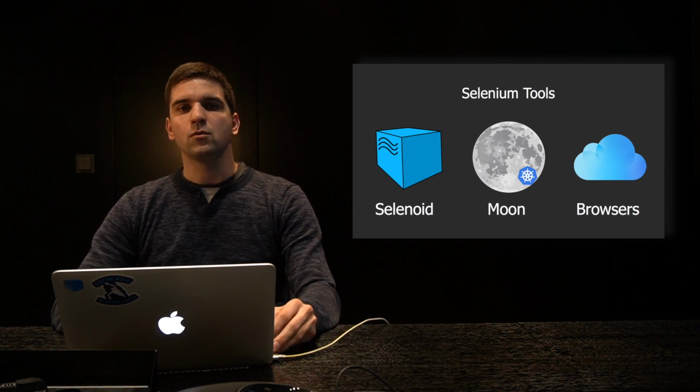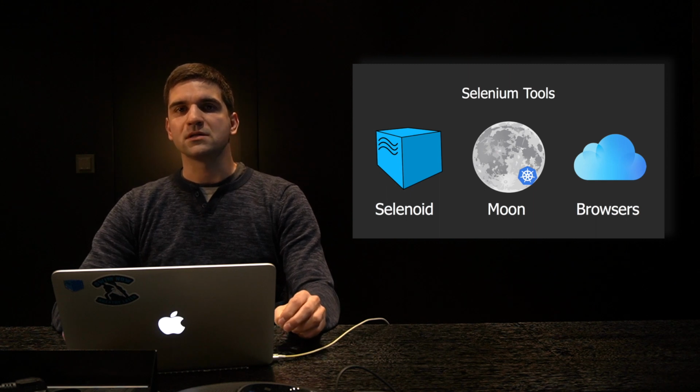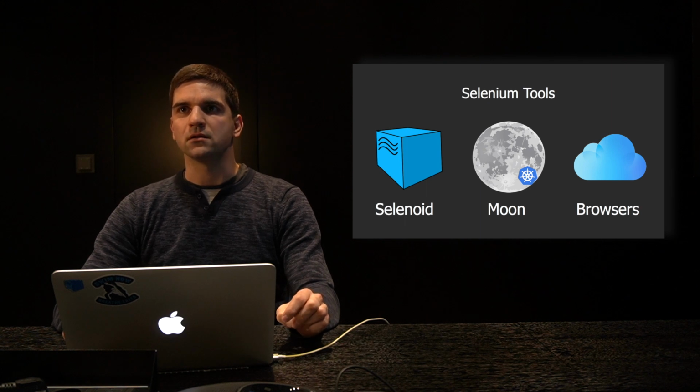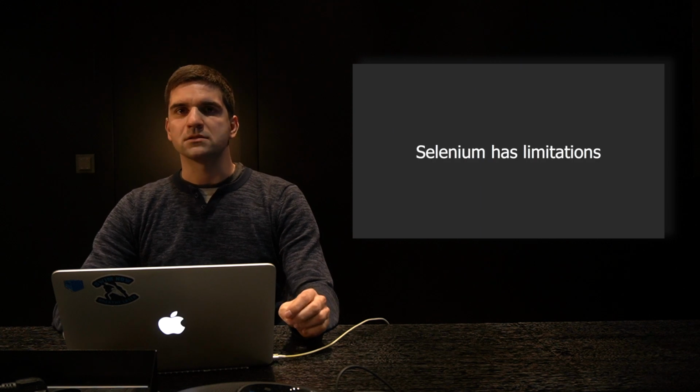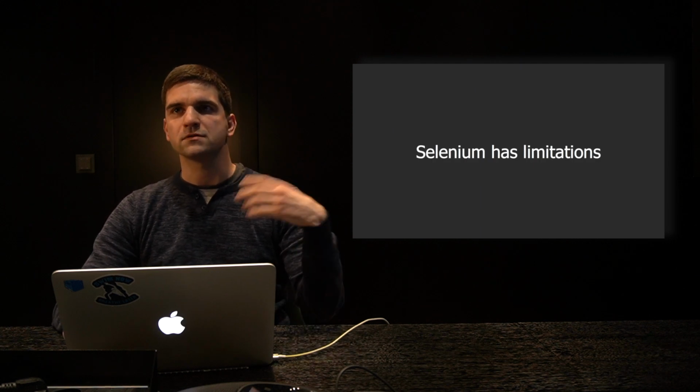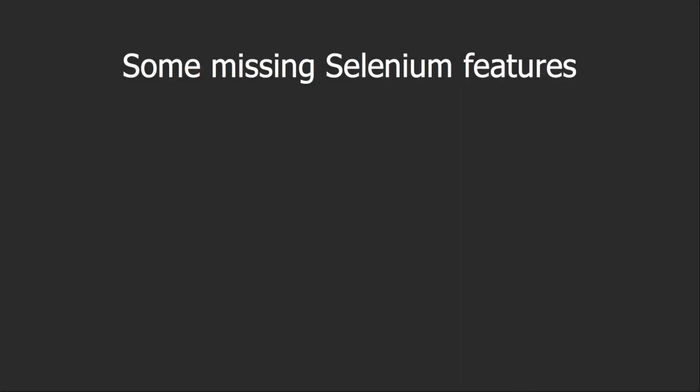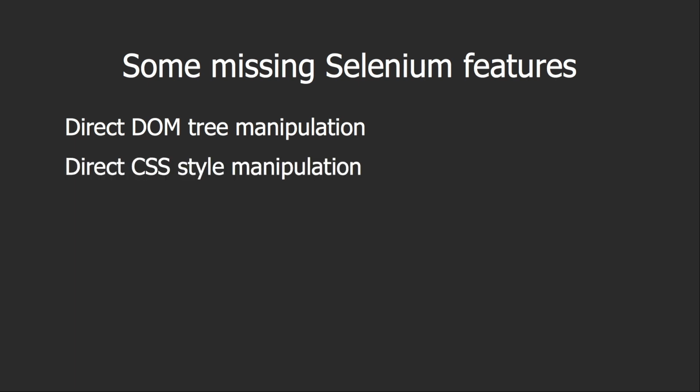I think most of you would agree that Selenium is nowadays a de facto worldwide browser automation standard. Meanwhile, we have an issue. Selenium has a lot of limitations, so there are a lot of operations that are impossible with standard Selenium. For example, we can't modify the document object model tree. We can change CSS styles only with complicated JavaScript expressions.